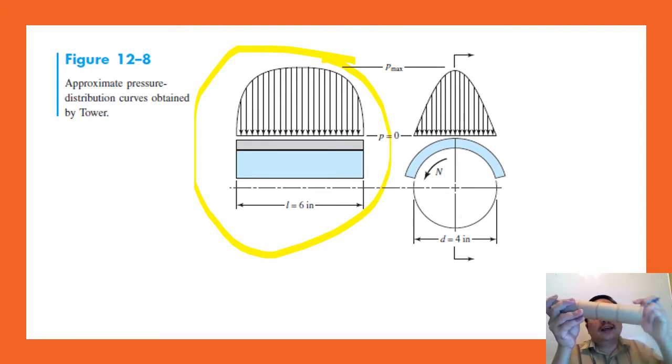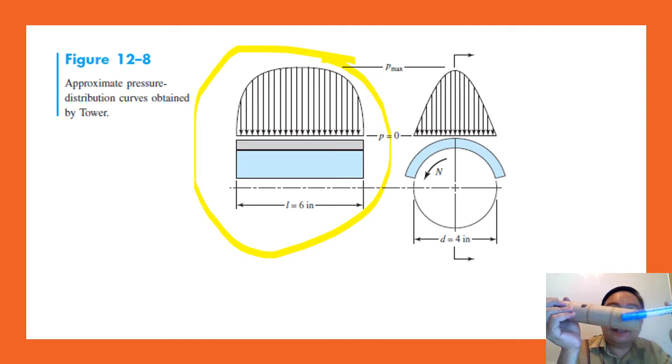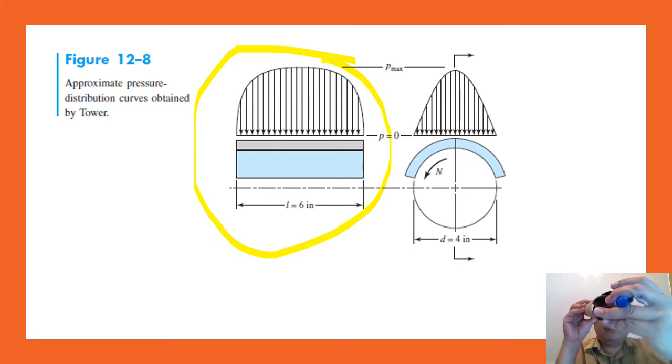You see, at the middle of it, the pressure is high. At the edges, left and right of the shaft, the pressure gradually goes down. Most important is that when the pressure is up, it is at the middle. The picture on the right is in this position, meaning that at one point in time when the journal is going up, the pressure is high at the middle.